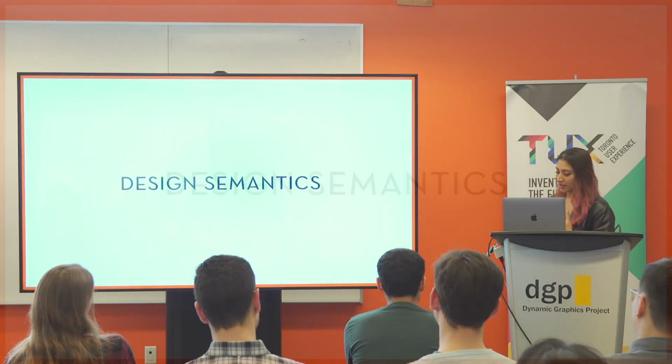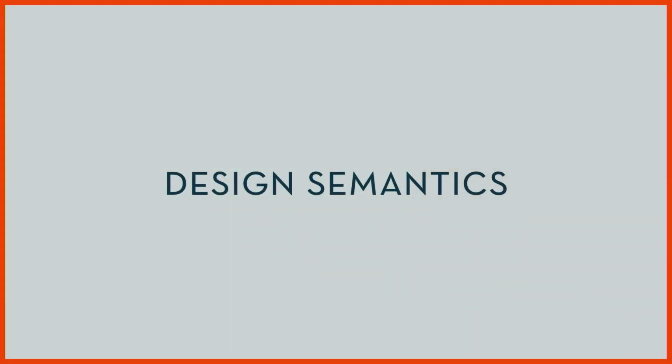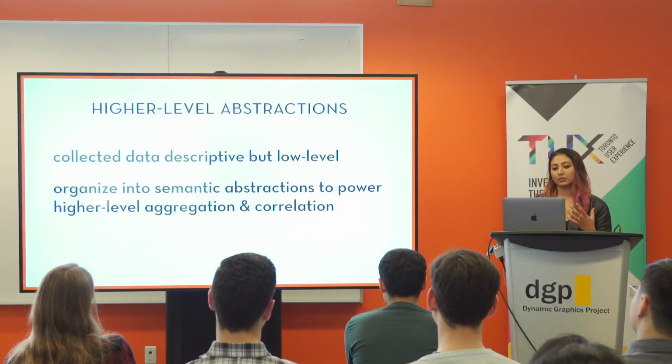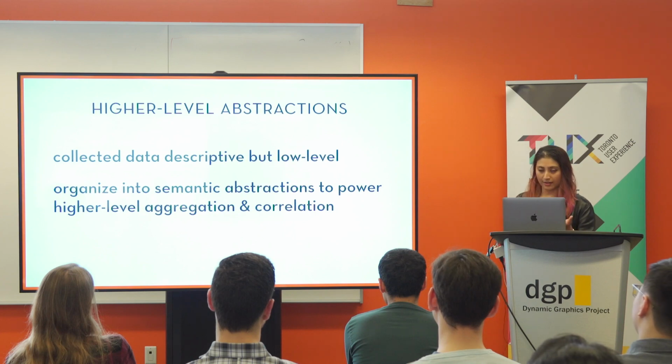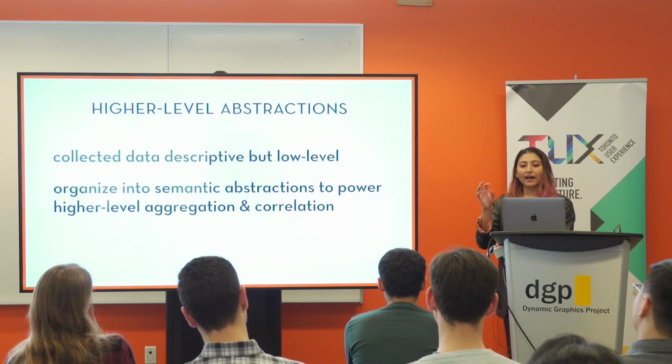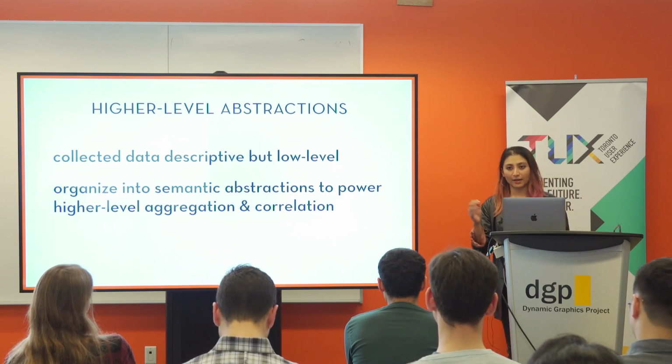But the thing I would say that it's still missing is this notion of design semantics. And what I mean by that is that you want really these higher level abstractions to represent design. So here we were just comparing an app and how something was done on one app, right? And what we really want to do is we want to go from where we are now to a world in which we can actually extract patterns from lots of apps and say which patterns perform the best.